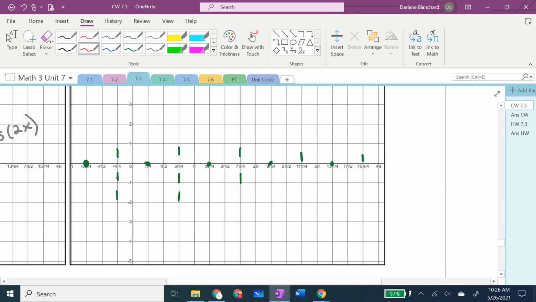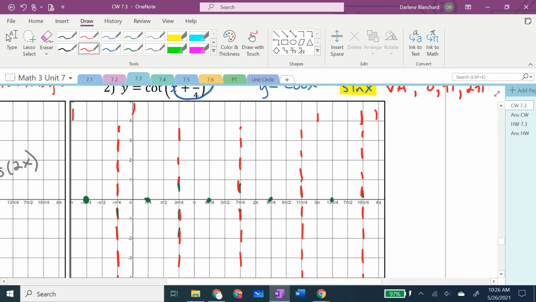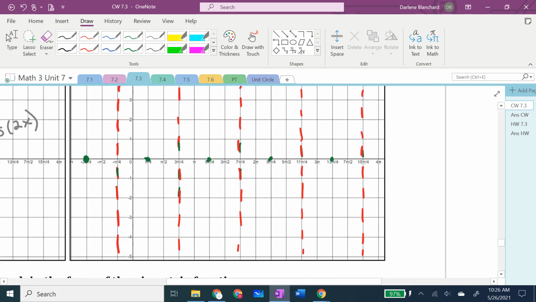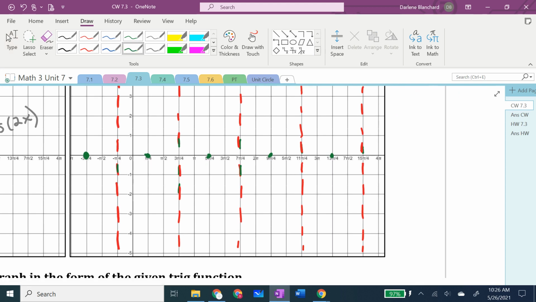So now I know that for my final graph, I've got my vertical asymptotes. And then the graph for cotangent heads downward.